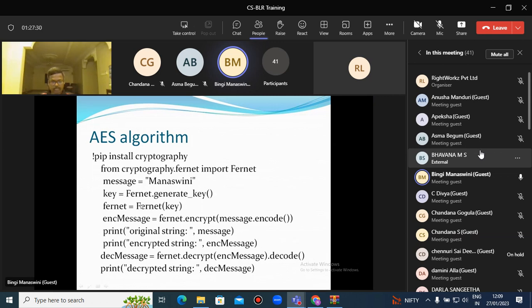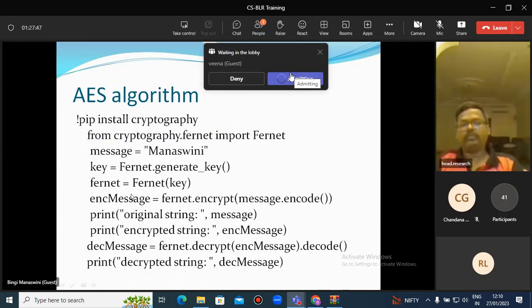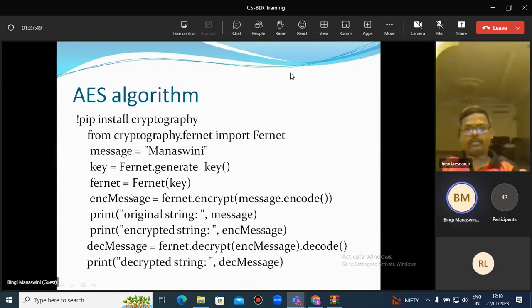The key is forwarded to the Fernet method. After encrypting, we need to print the original string and the encrypted string. So we have printed the encrypted message. We need to decrypt it using the decrypt method.